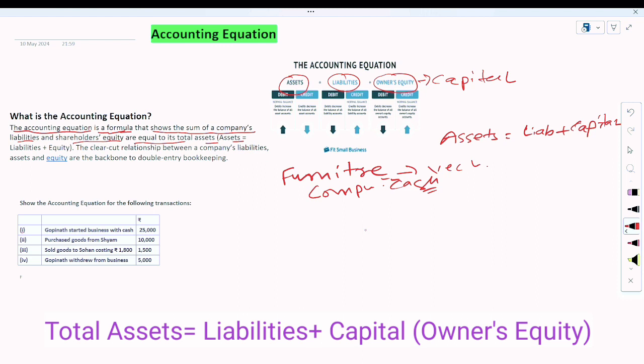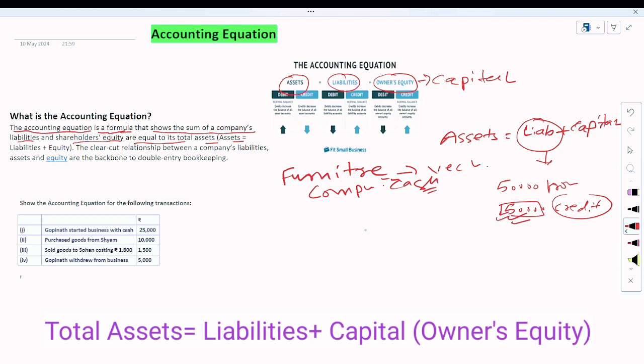Liabilities means, suppose you are going to start a business and you purchase raw material of rupees 50,000 from cash and rupees 50,000 of raw material you are purchasing on credit. Credit in the sense in future you will have to pay this 50,000 amount to your creditors.